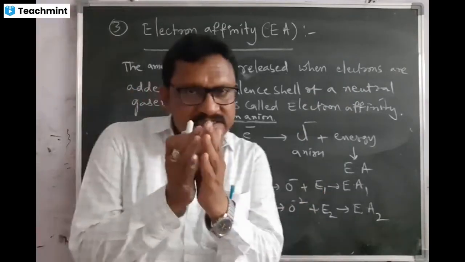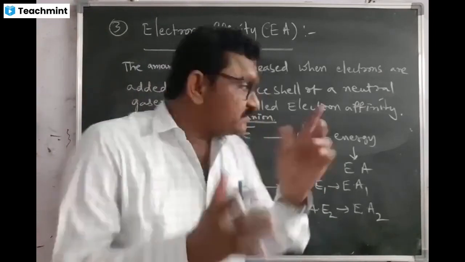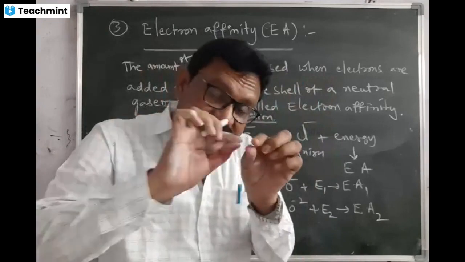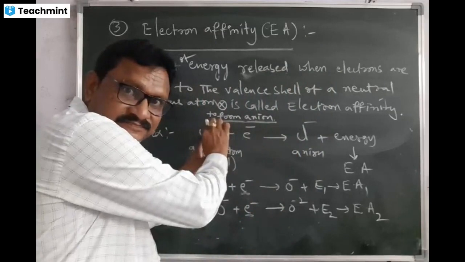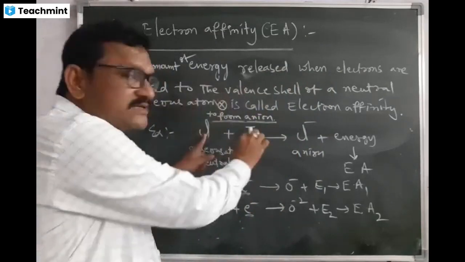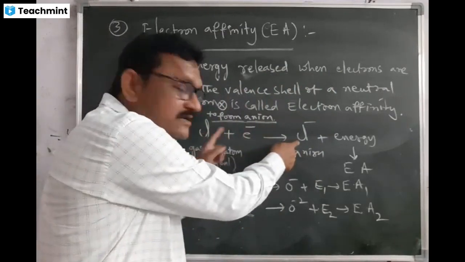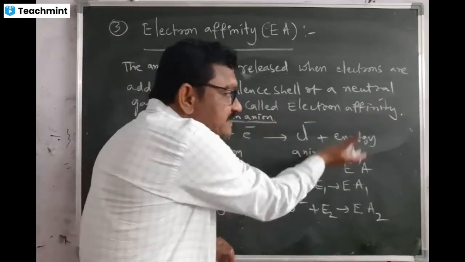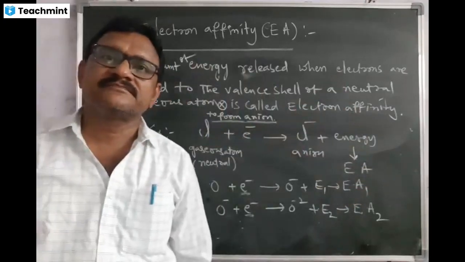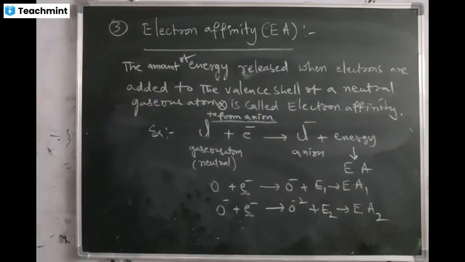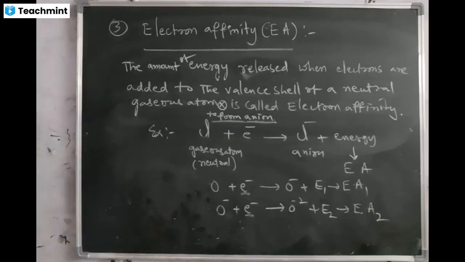So the amount of energy which is released when an electron is added to a gaseous neutral atom, so that the atom is changed to its concerned anion, and in this process there is a liberation of energy. That energy we consider as what? Electron affinity. Okay. Right.